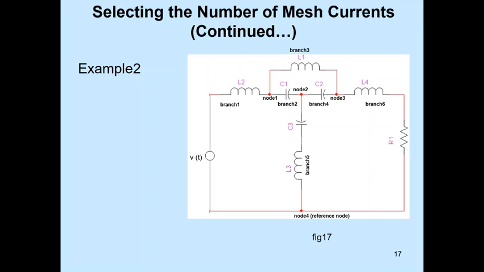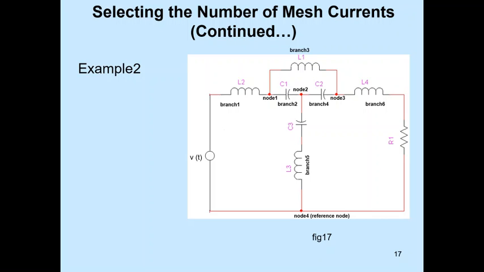That is, VL2 is branch 1 and C1 is branch 2, and L1 is branch 3, and branch 4 is C2, and L3 is branch 5, and L4 R1 is branch 6. There are 6 branches.